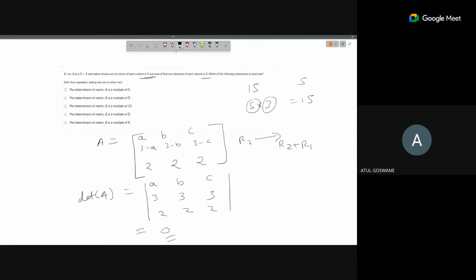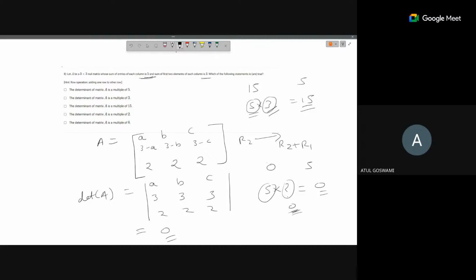Okay. Similarly, I'm asking, is 0 a multiple of 5? I'm saying yes. That means I can write 5 times something equals 0. That means 0 is a multiple of 5. And what is that? This is 0, clearly. So this is an integer. That means an integer times 5 equals 15.